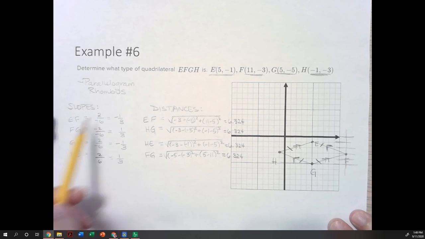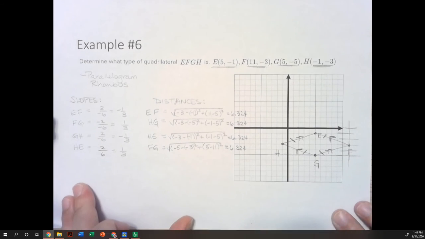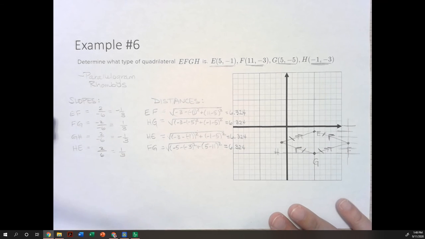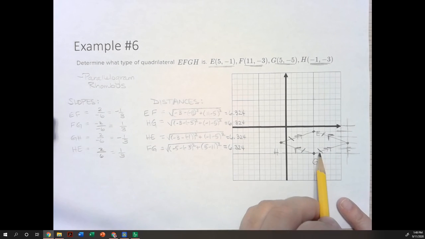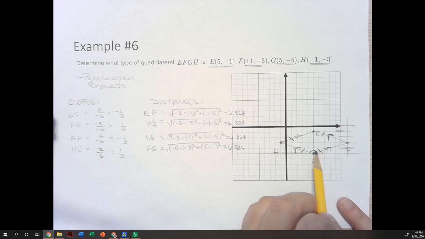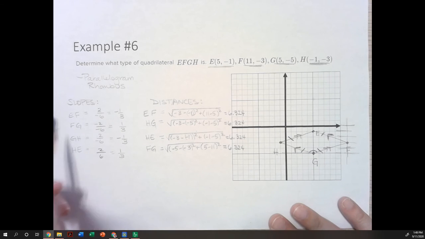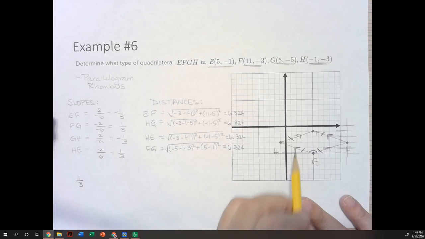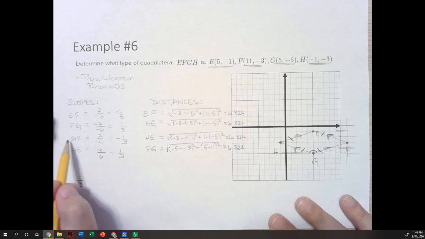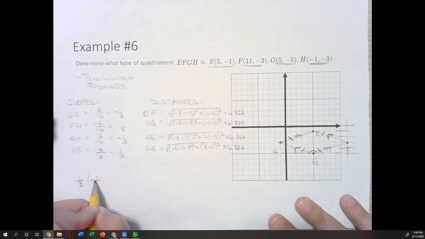Okay, my opposite sides are parallel. Okay, now if you want to go one step further, remember, if you want to make sure this is not a right angle, so FG is 1/3, and HG times -1/3.